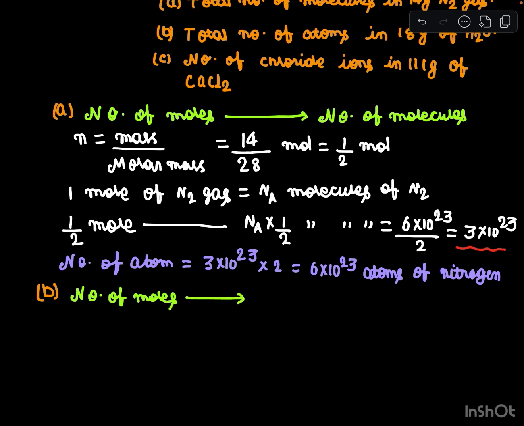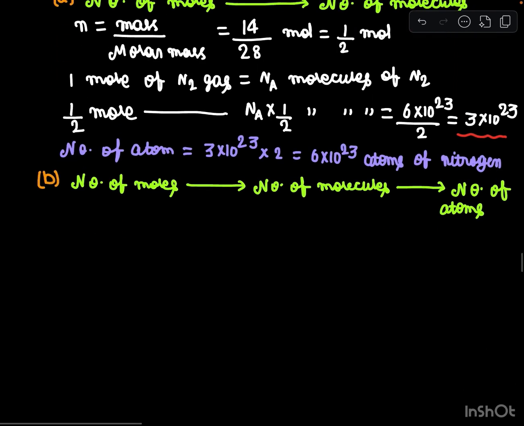From there we will go to the number of molecules, and from there to the number of atoms. In 3 steps this question will proceed. Step 1, number of moles. Number of moles equals mass by molar mass.